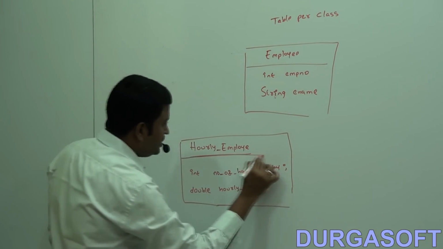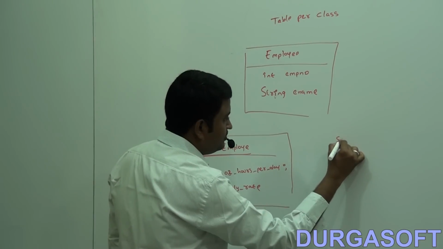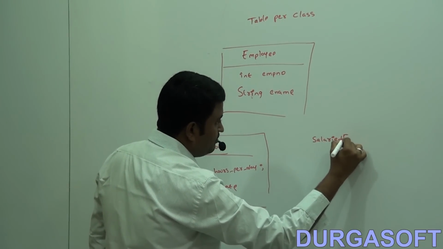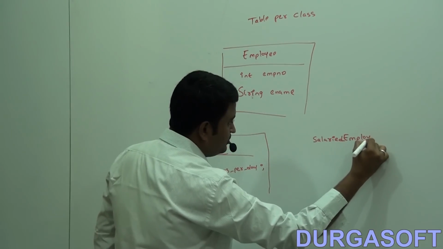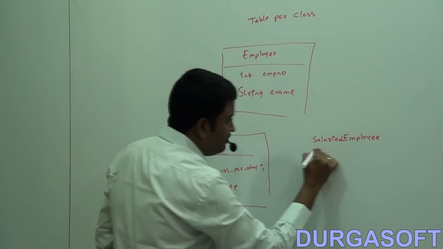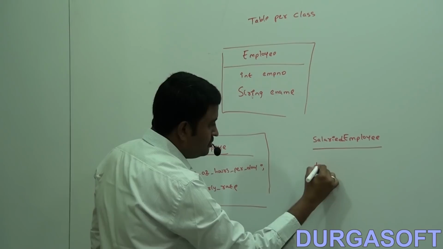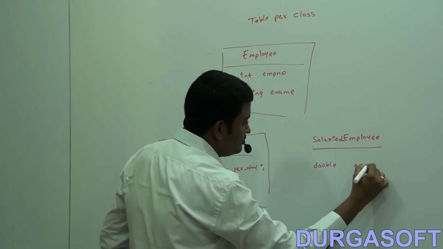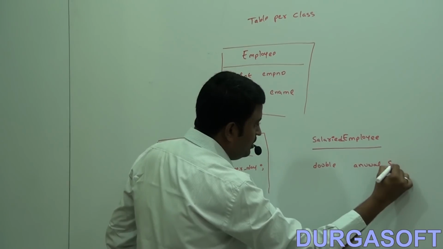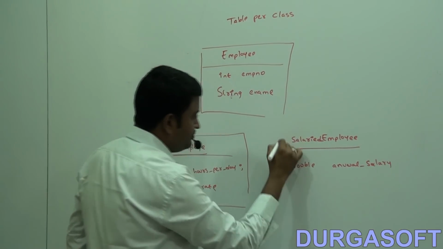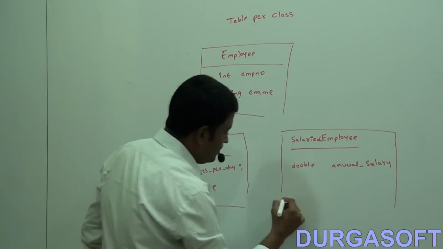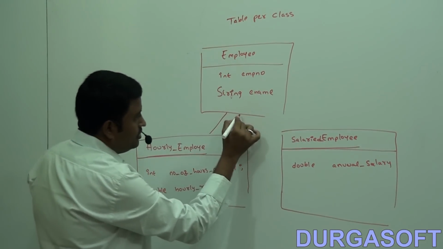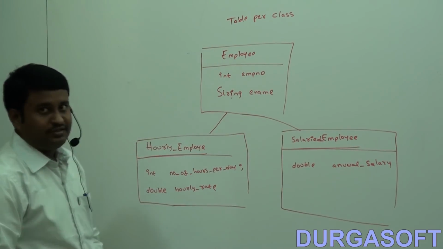Next, there is one more child, salaried employee. This salaried employee has only one property, that is annual salary. These two are child classes of the employee class.